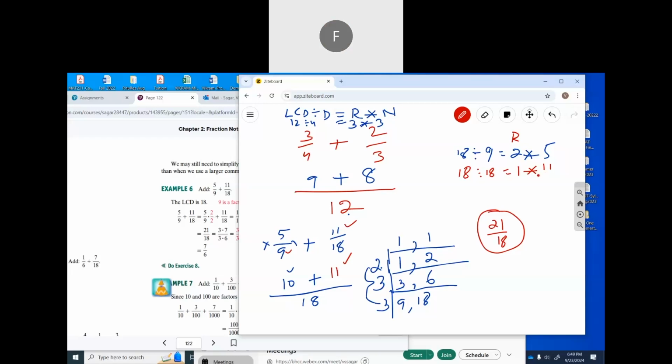Oh, 11. Yeah, I'm not adding. So which is 11. So now you could add them. Here is a plus sign. So 10 plus 11, which is what? 21. 21 over what? 18. Okay, very good. You understand now?